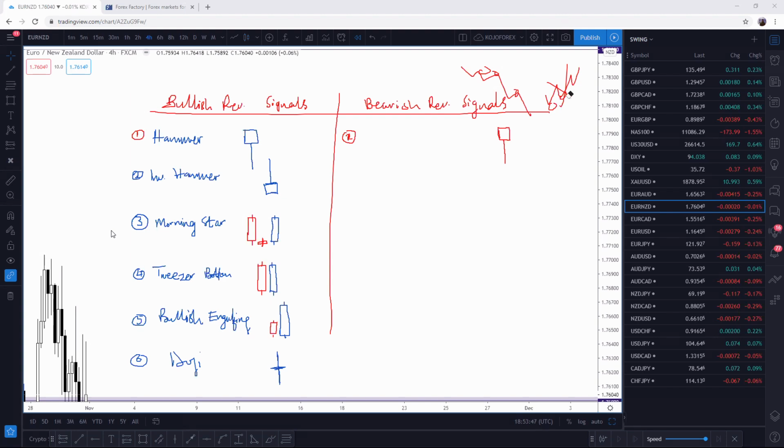We're looking for this at a lower high formation. Because of that, the name is not a hammer anymore. The name is a hanging man.